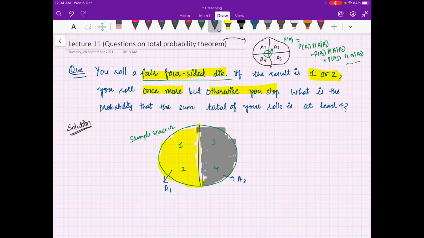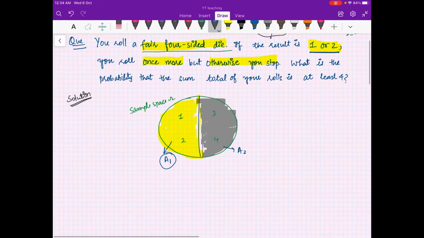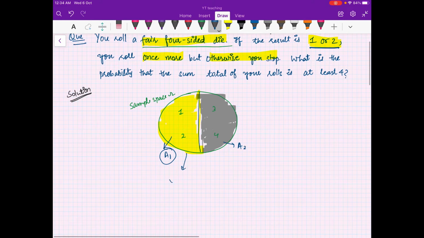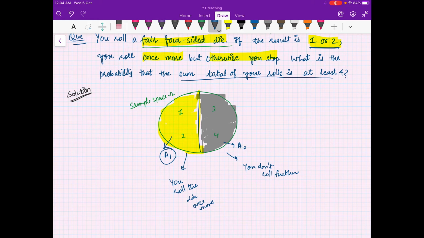Now you say that if the result is 1 or 2, it means that if you have A1, then you roll the die once more. And in the other case, you don't roll further. So what is the probability that the sum total of your rolls is at least 4?